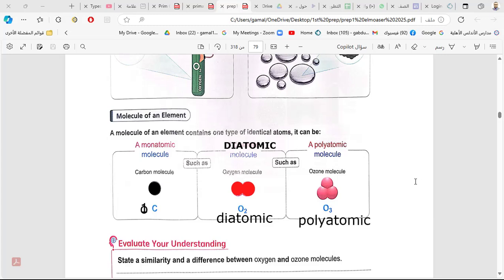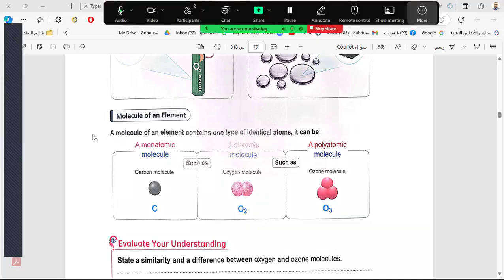But what is the difference? Oxygen has how many atoms? And ozone has how many atoms? Ozone 3 and oxygen 2. Oxygen is diatomic and ozone is polyatomic. So they have some similarities and they have some differences.